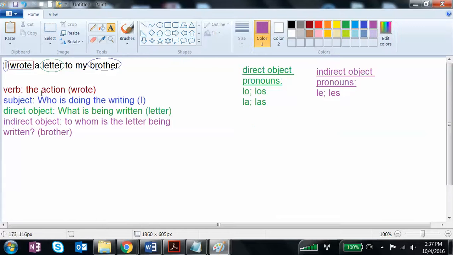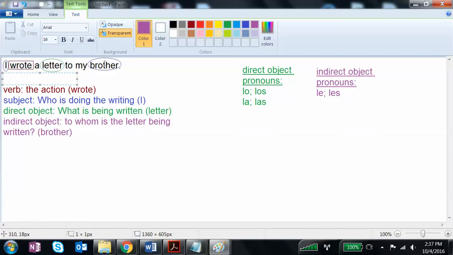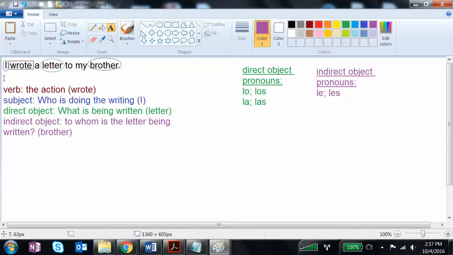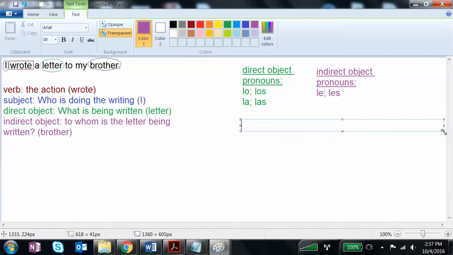let's do I wrote him a letter. What I'm missing here is the him.